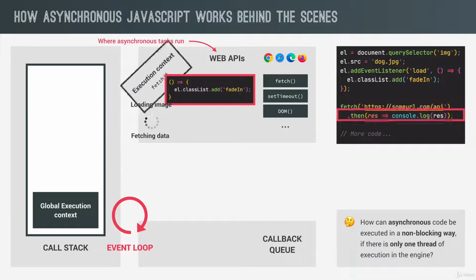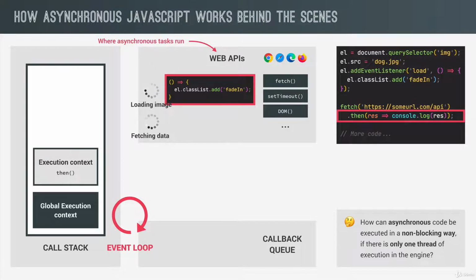Finally, we use the then method on the promise returned by the fetch function. This will also register a callback in the web API's environment so that we can react to the future resolved value of the promise. So this callback is associated with the promise that is fetching the data from the API. And that's going to be important later on.